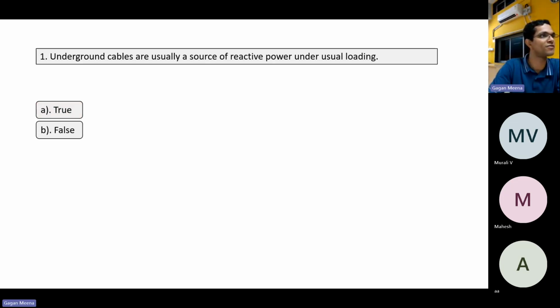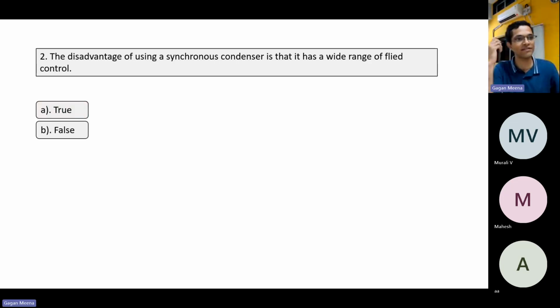Let us quickly go through these questions. Underground cables are usually a source of reactive power under usual loading. Is this true or false? True, correct. Then, a disadvantage of using a synchronous condenser is that it has a wide range of field control. Is it a disadvantage?